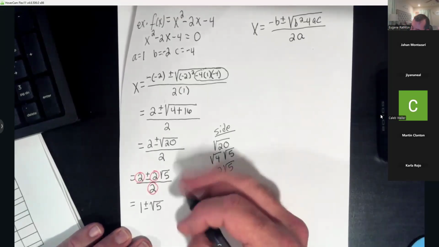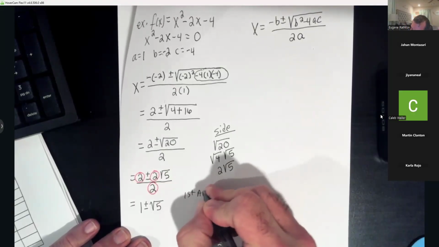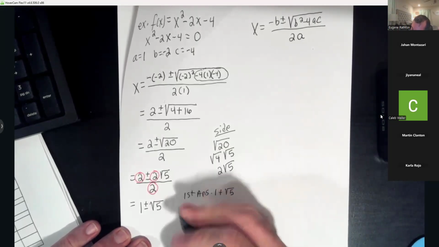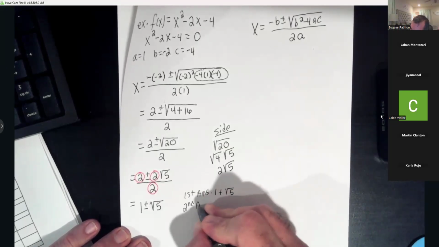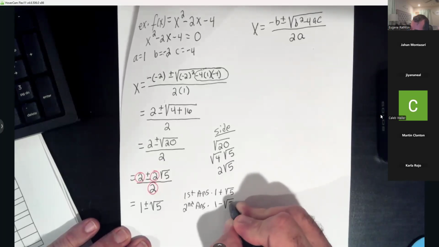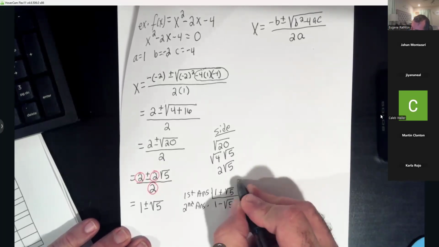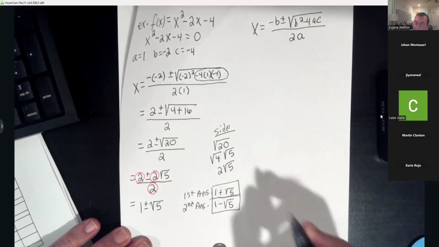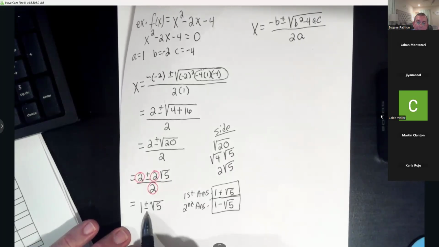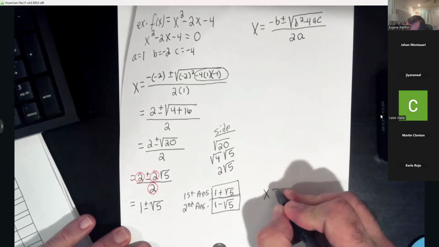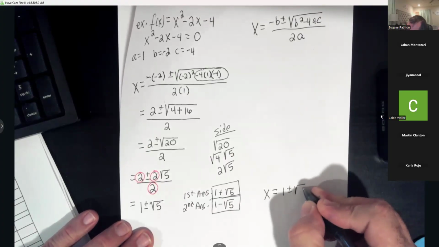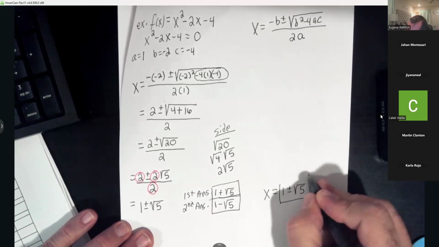So y'all, there's your 2 answers. First answer is 1 plus square root of 5. Second answer is going to be 1 minus square root of 5. Now, you can put it in like that, or you can use the plus or minus. So I usually use the plus or minus and put 1 plus or minus square root of 5.